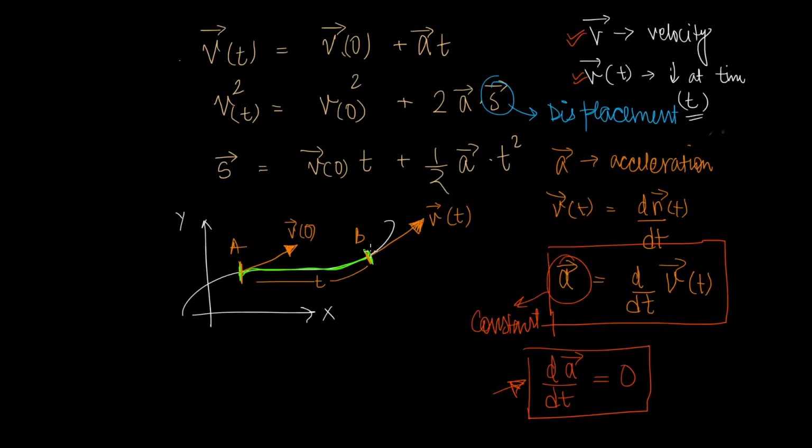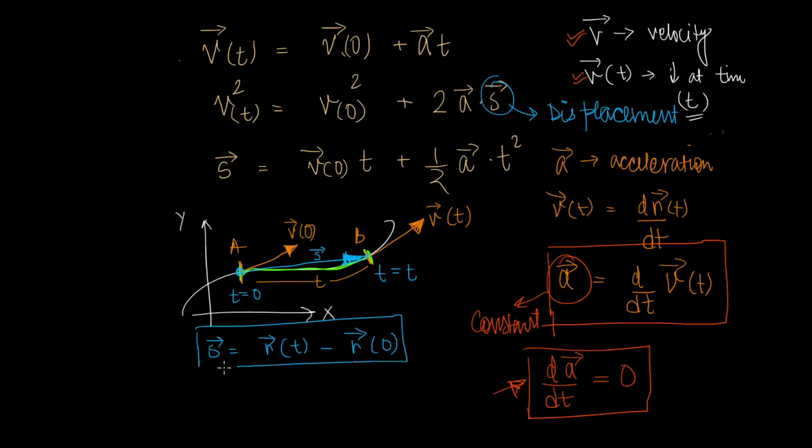And because displacement is independent of the path that the body takes, it basically joins the initial point and the final point, and hence the displacement vector is this blue straight line from A pointing to B, and that is what I call the S vector. So the S vector could also be written as r at time t minus r at time 0, because this is at time t equal to 0, and this is where the body would be at time t equal to t.